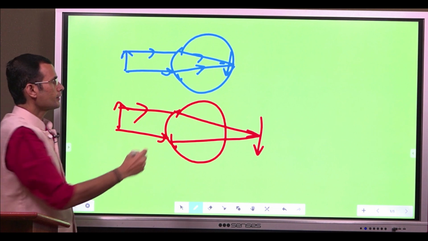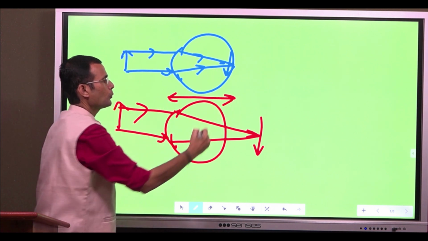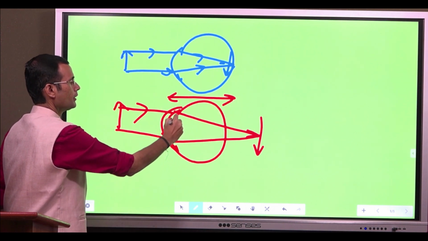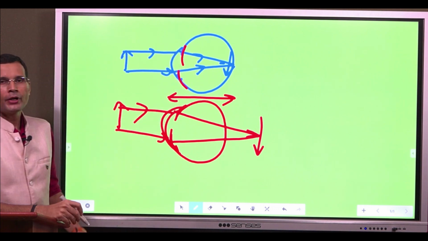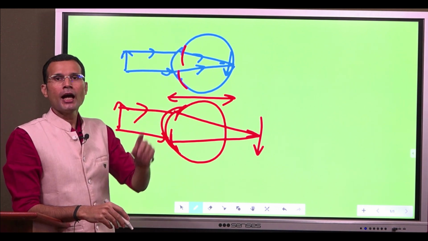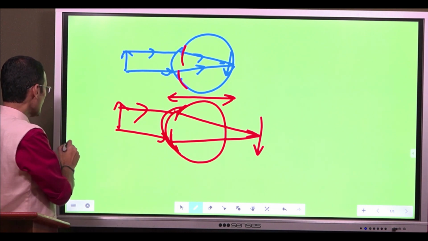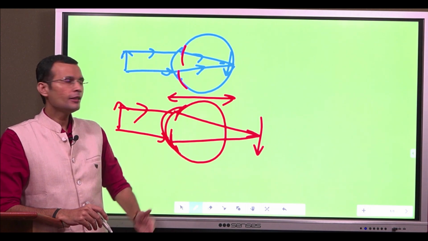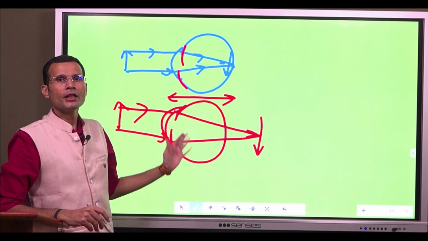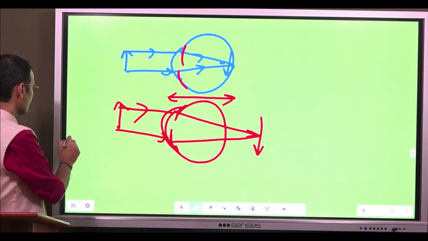So this is the anteroposterior length, this is the cornea. Right, so that's axial hypermetropia, and this happens with the near objects. Far objects can be seen clearly, but near objects, the image forms behind the retina.